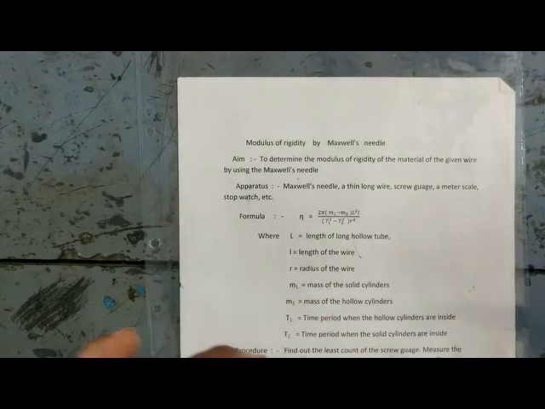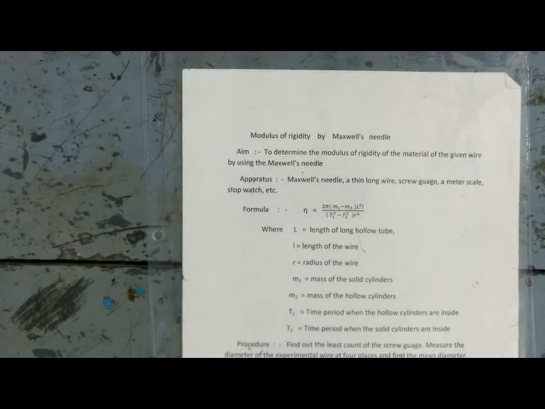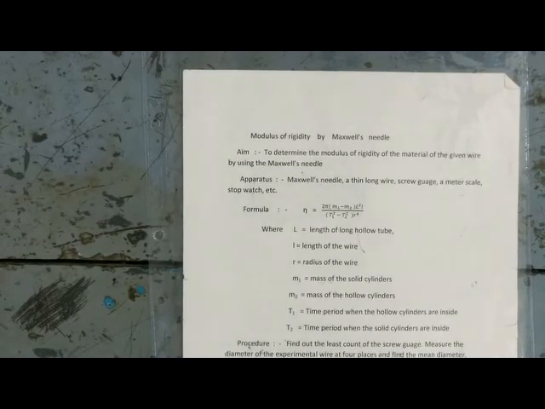This is the hollow tube, and we measure its total length by using a thread, putting it on the scale and measuring how long the tube is. Then the length of the wire: the wire is attached to the hanger.